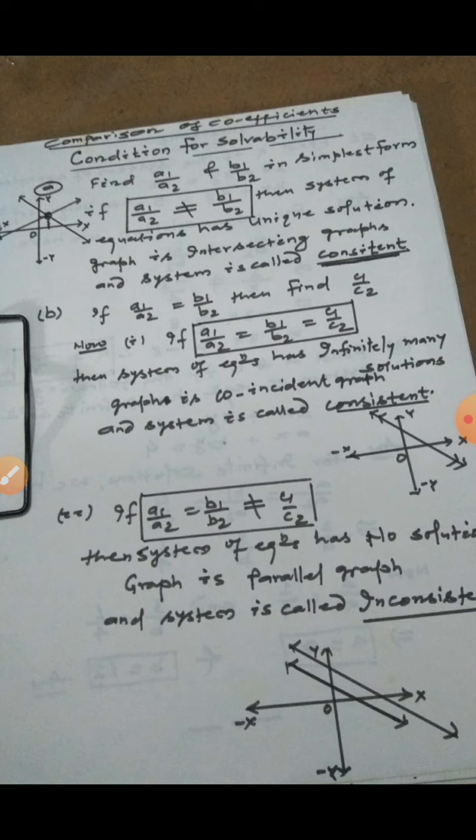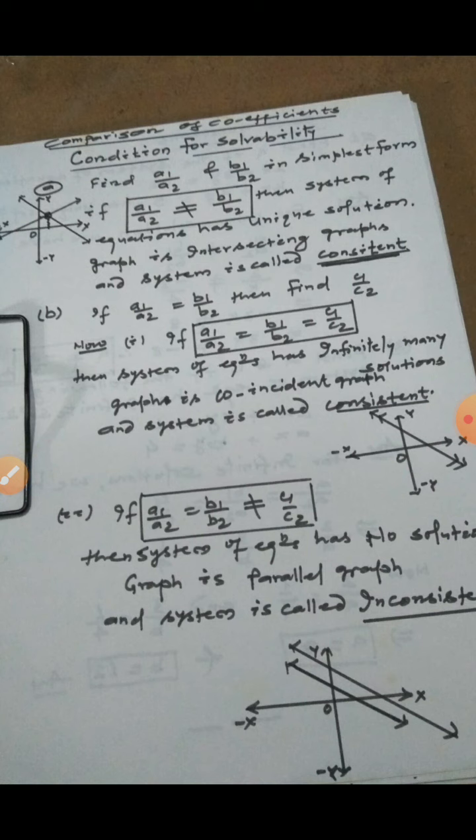For a pair of linear equations, the general form is a1x plus b1y plus c1 equal to 0, the first equation, and the second is a2x plus b2y plus c2 equal to 0, where a1, b1 are the coefficients of x and y respectively in the first equation, and c1 is the constant for the first equation.